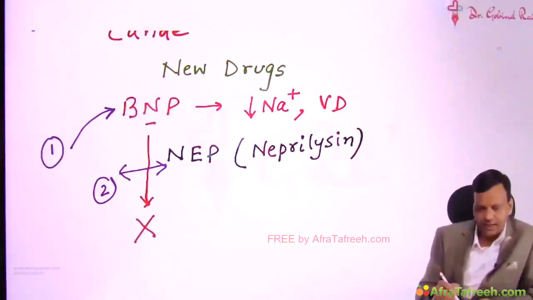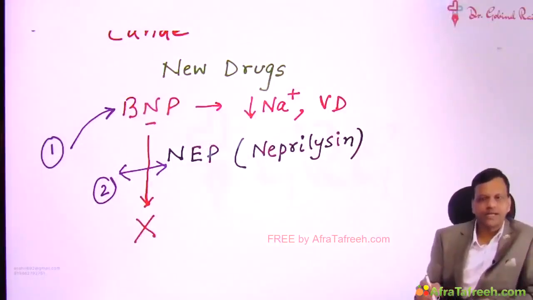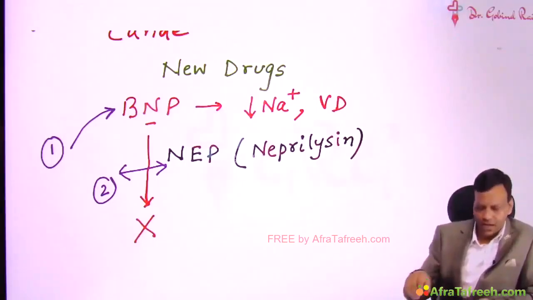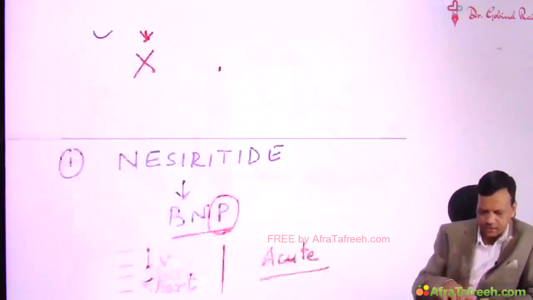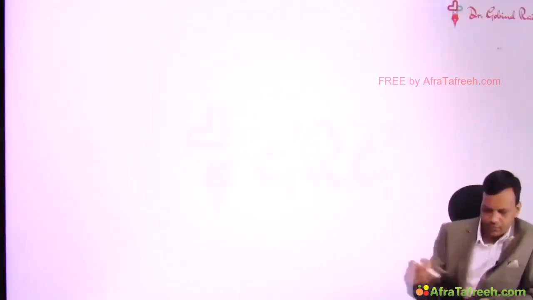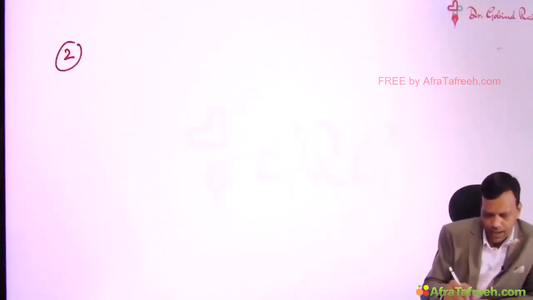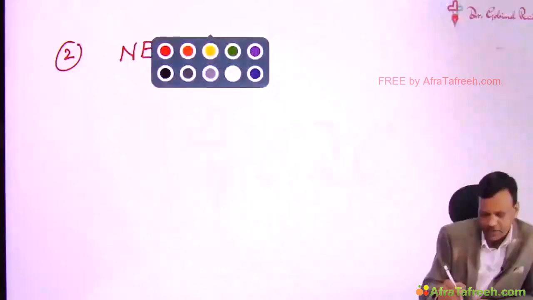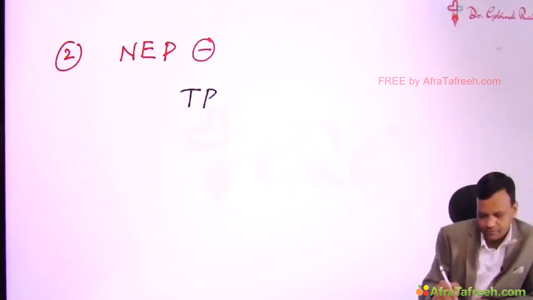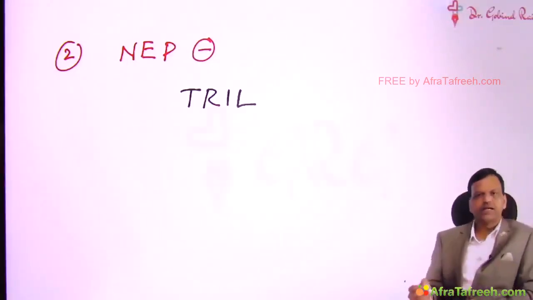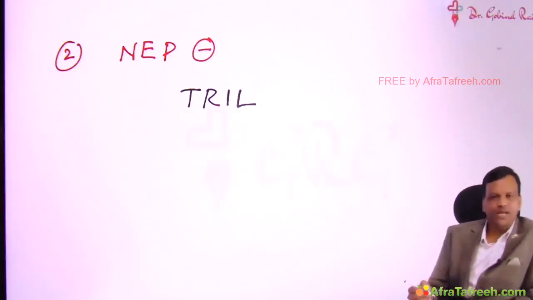Second thing, we can inhibit NEP or neprilysin. If we inhibit neprilysin, the BNP cannot be metabolized, so BNP level will increase. So that will treat congestive heart failure. And the drugs which are neprilysin inhibitors, NEP inhibitors, their names end with trill. Just like we discussed, the drugs inhibiting ACE end with prill.